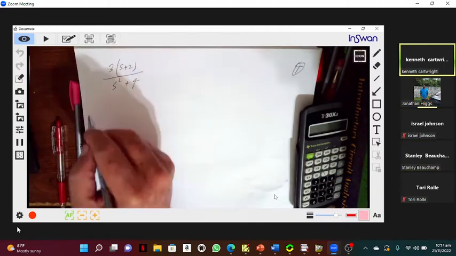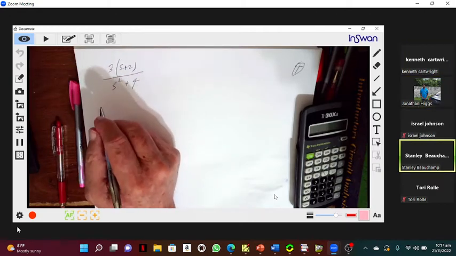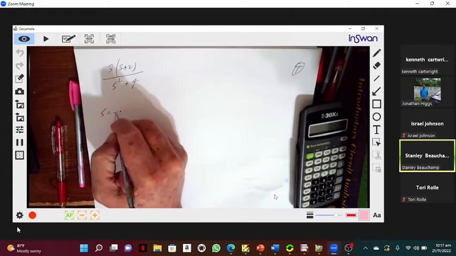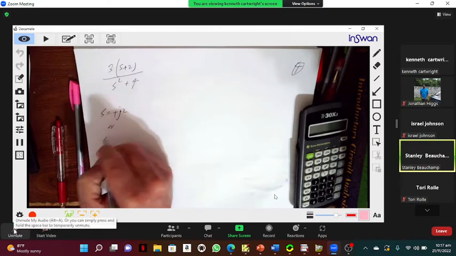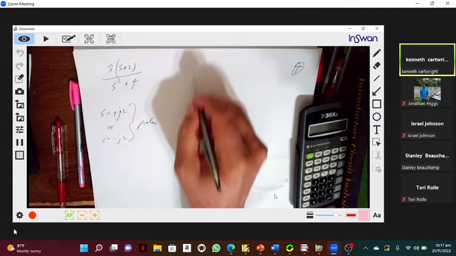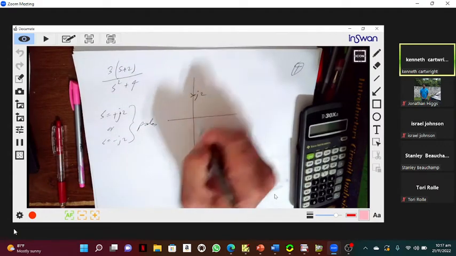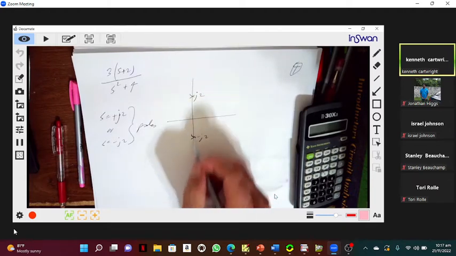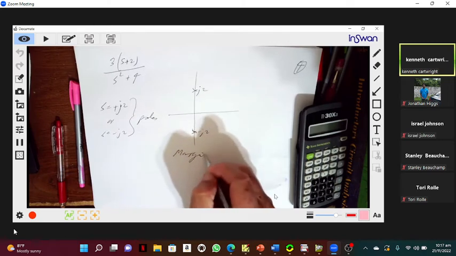What are the poles? No, that's negative j2 and j2. So that's marginally stable. These are the poles. And where are they located? j2 and negative j2. They're located on the y-axis. So this is what? A marginally stable system.